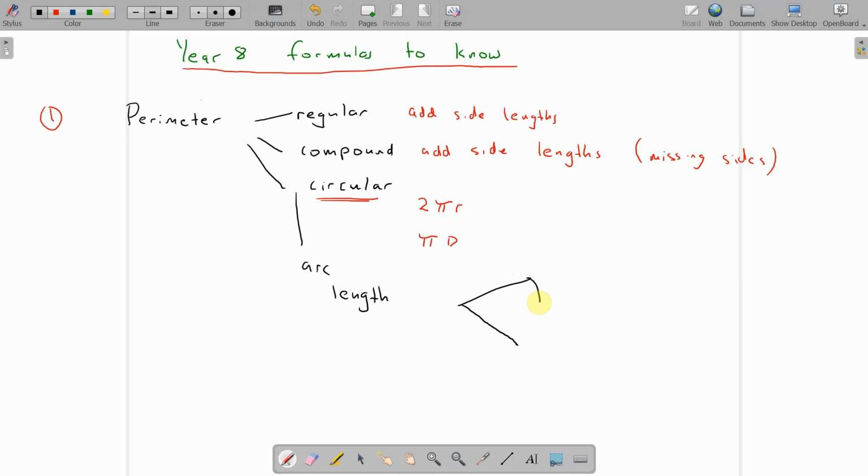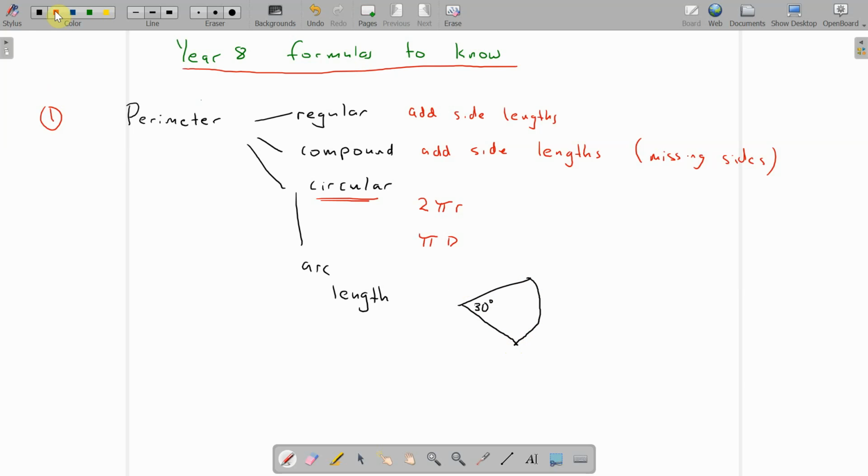We've got a part of a circle with two arms that are both radii, and an angle in here of probably about 30 degrees. We want to find out how long this arc length is.